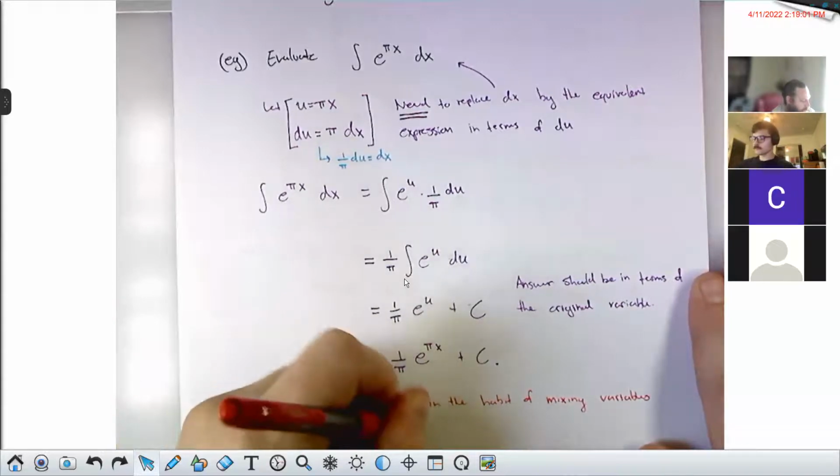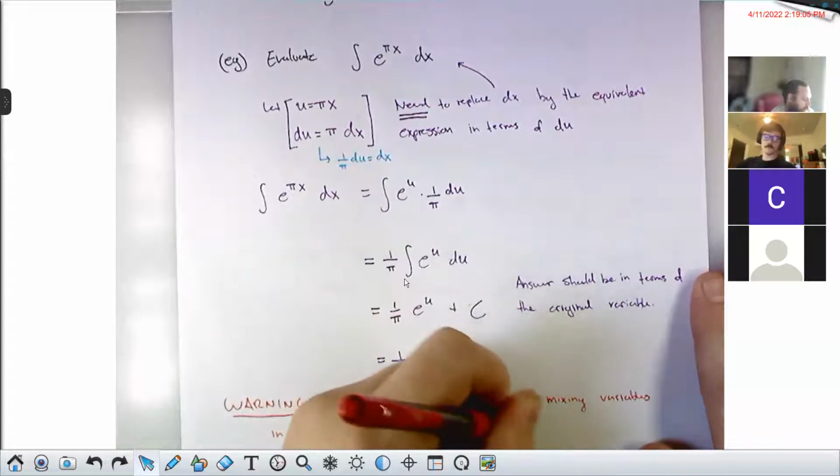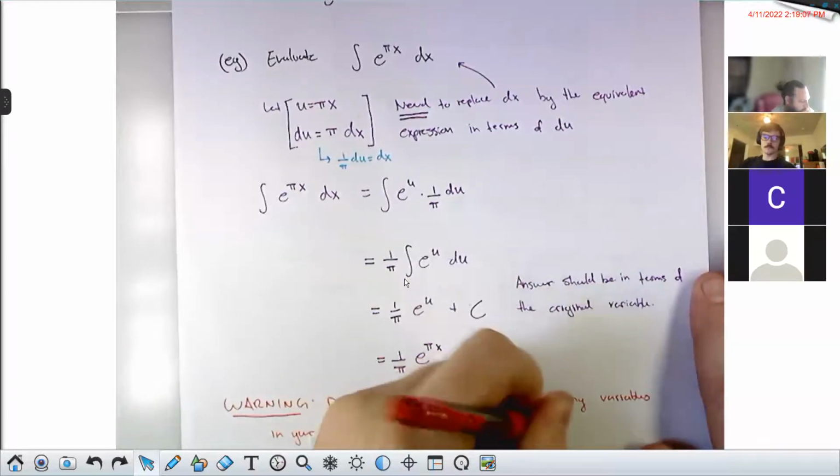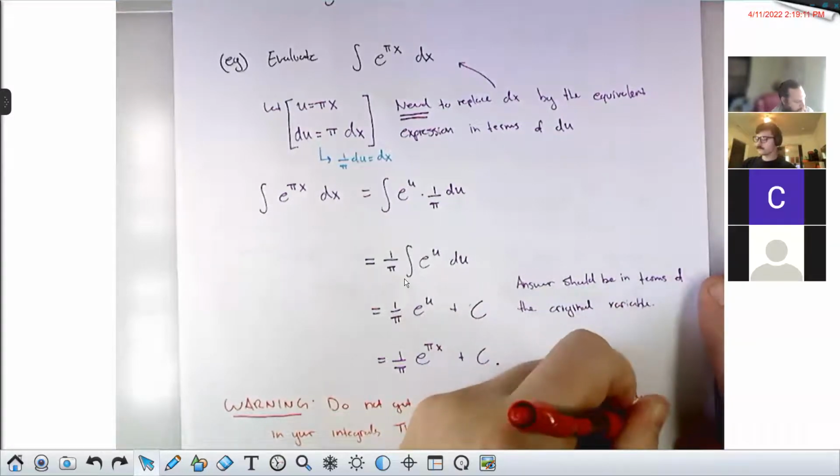Things like integral of e to the u dx don't make sense.